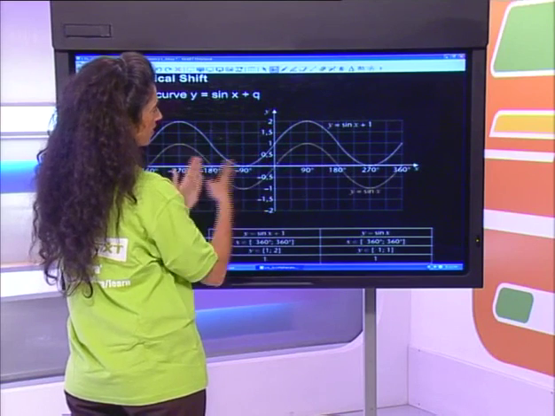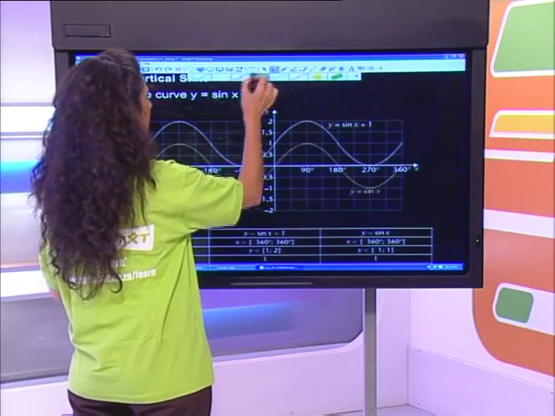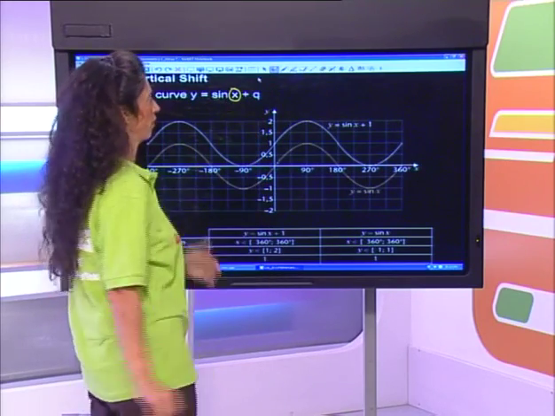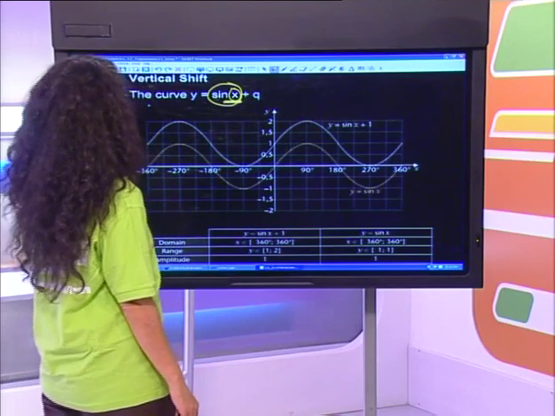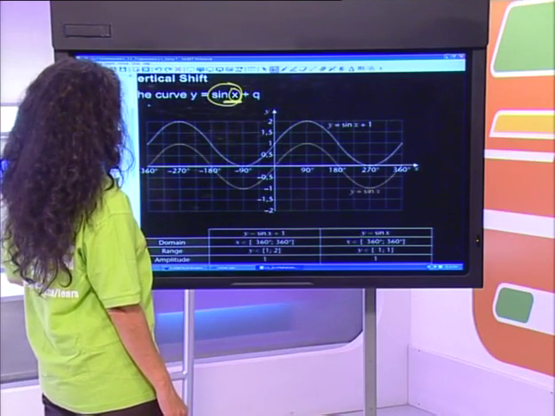So your period stays the same. Why does the period stay the same? Because the coefficient of x is 1 for the angle. So the period of sine x is never affected if that coefficient doesn't change. But the graph has certainly been translated up or down. So let's just check here.